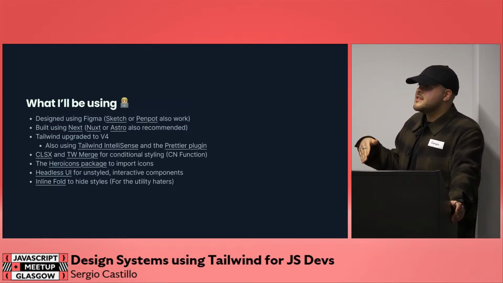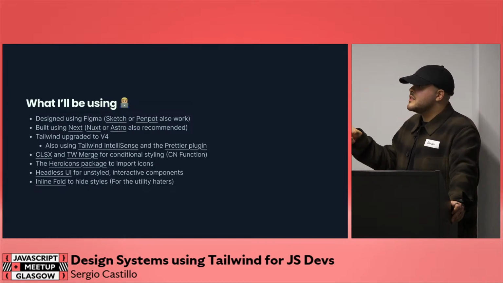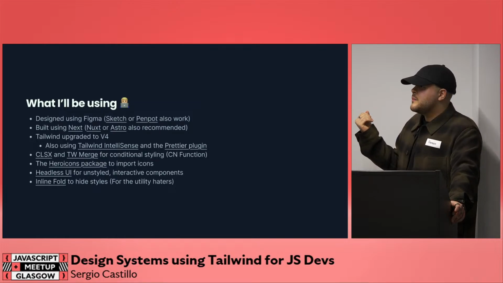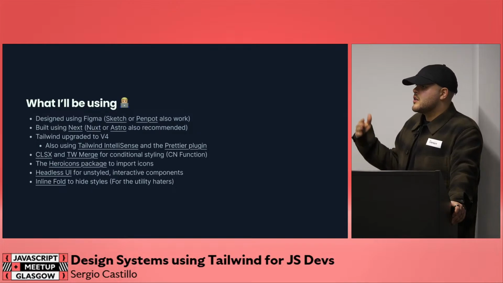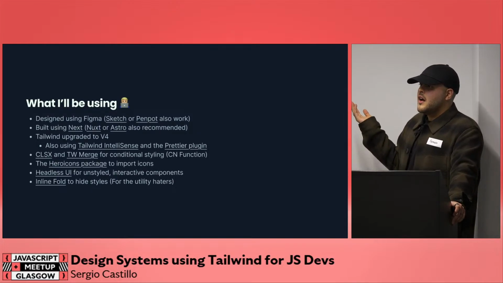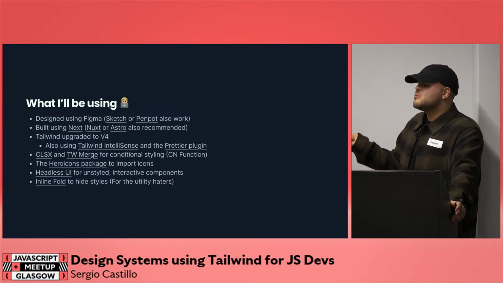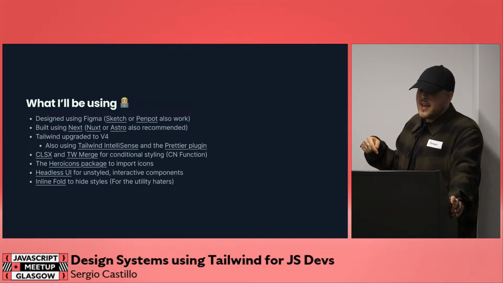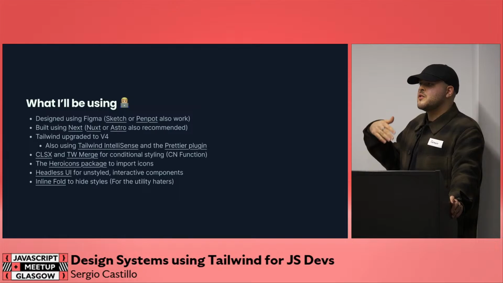IntelliSense basically means you don't have to go to the docs anymore, because you can just see what utilities are doing and you get almost auto-predict. And then the Prettier plugin is going to sort your classes and remove any repeated classes. So that should be quite useful. I've also used clsx and tailwind-merge for conditional styling and for merging classes.